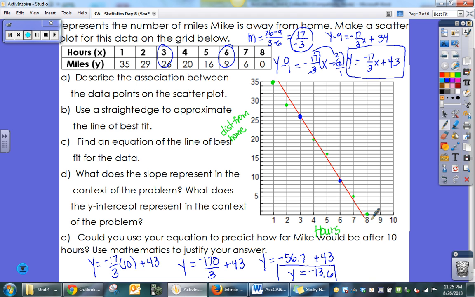So if I continued to draw this, at 10 hours he'd be down here because he'd be getting further from home once again. So it really wouldn't make sense to predict how far he would be after 10 hours unless it was to say that he would have passed his house and continue riding for 13.6 miles.